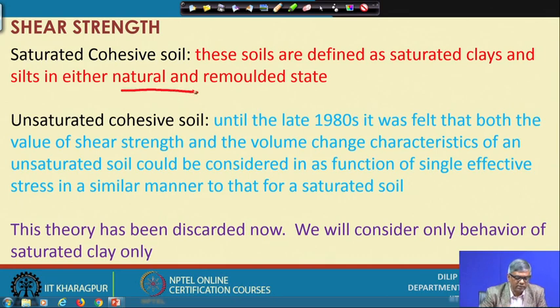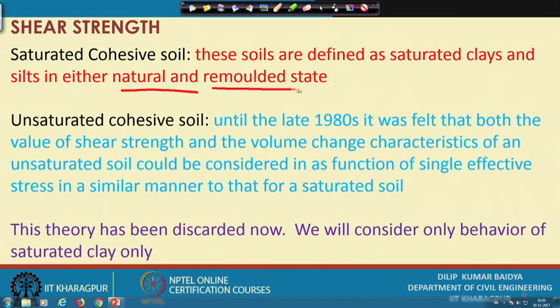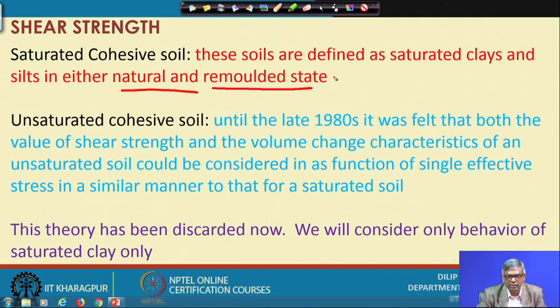And then unsaturated cohesive soil. When we understand saturated soil, and if there is a water table, we understand how the effective stress will be. But for unsaturated soil, the behavior is completely different, which we understand now, but until the 1980s it was felt that both the shear strength and the volume change characteristics could be explained the same way as for saturated soil.